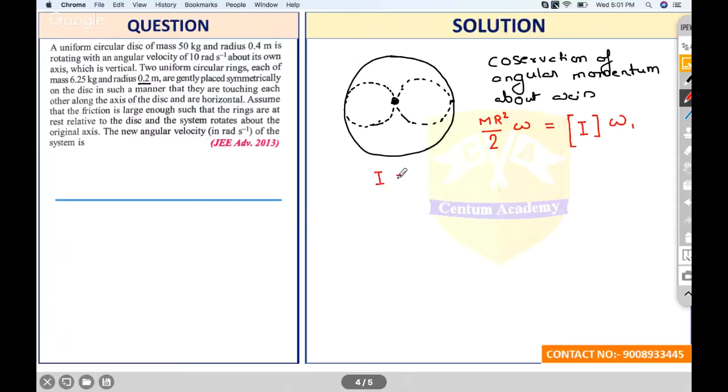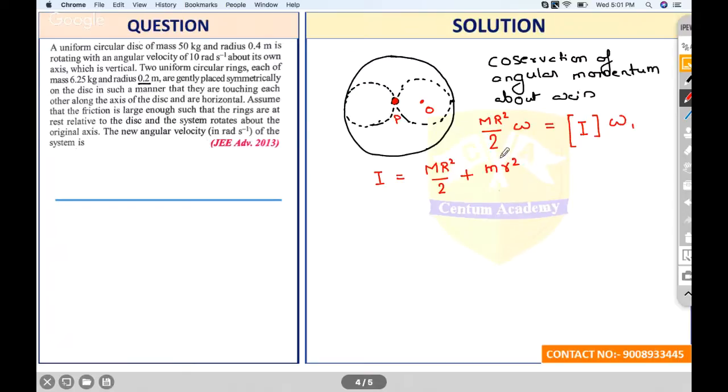Now what is the new moment of inertia? It is nothing but the moment of inertia of the disk plus the moment of inertia of the rings about this point. Let us say that is point P and this is O. Now the moment of inertia about O is m r square.